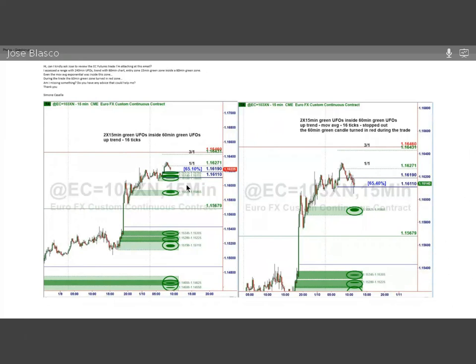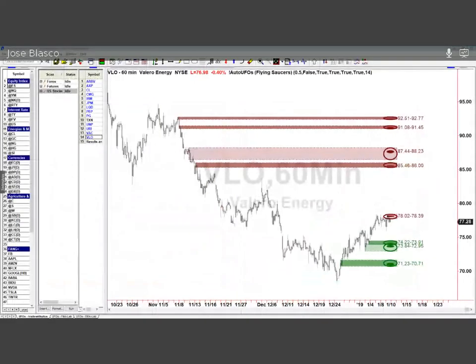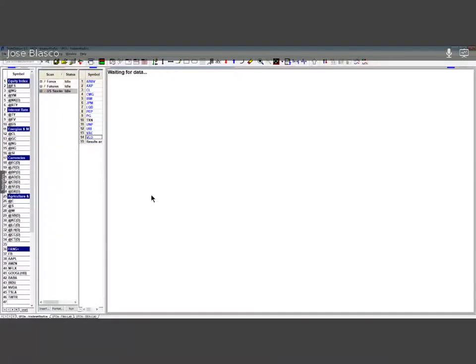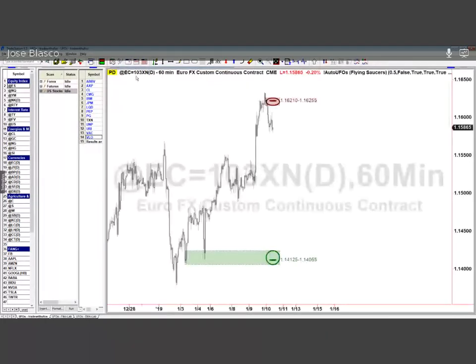So to be able to do a better assessment, what I would like to do is load the euro contract, and Simone was using a non-adjustment. So instead of simply EC, I am typing the symbol EC=103XN.